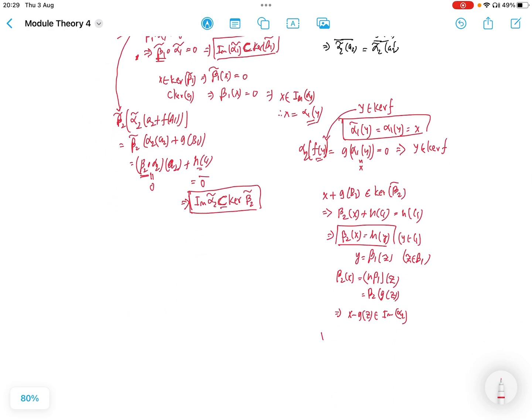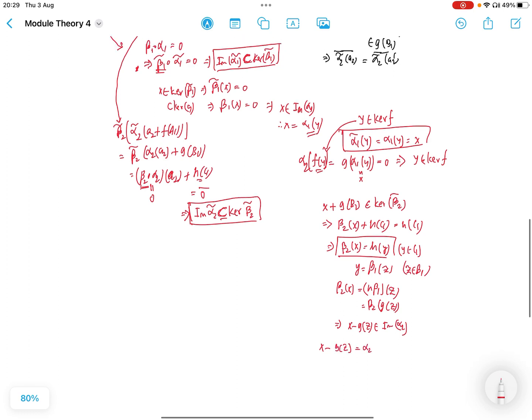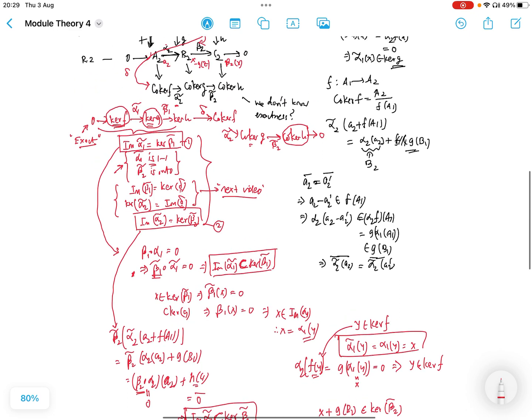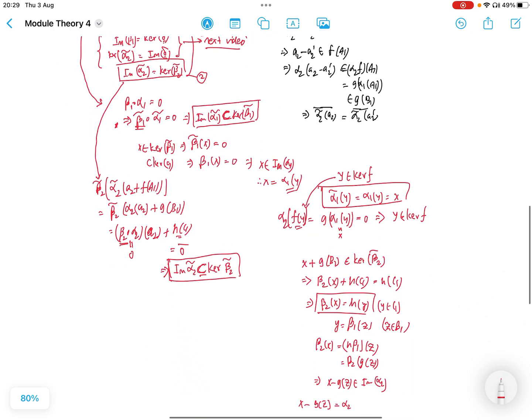So the image of alpha 2, let's see again. Then we get x minus G of z will be some alpha 2 of, let's check what we called it, A2.